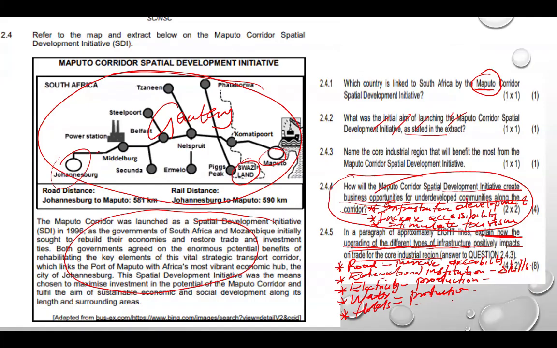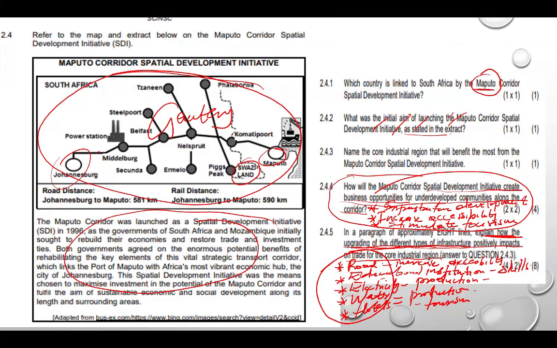There's going to be tourism. It's going to improve tourism. So there is a number of infrastructure types that you can talk about here that will help to develop the core industrial region. You just think of any infrastructure that we have.